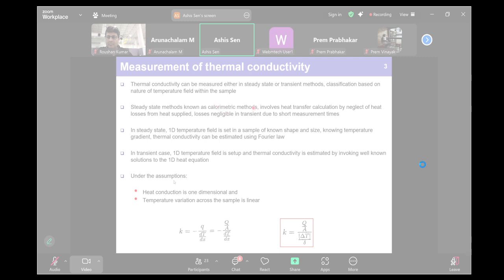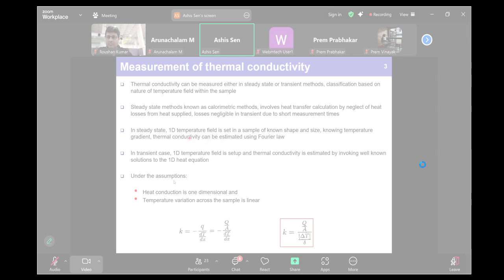And here you have to ensure that whatever heat flux is coming, it is utilized in creating the temperature gradient. That means you are neglecting any heat loss. But in the transient method, the heat loss is naturally neglected because the measurement time is too short for any heat loss to happen.